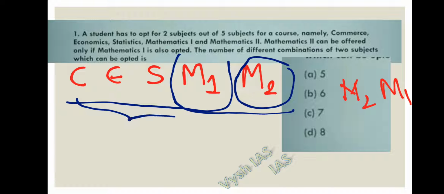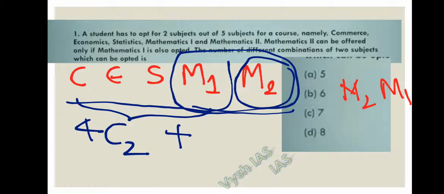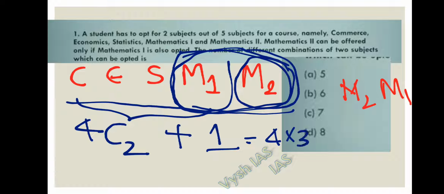So from the first 4 subjects we have to pick 2 subjects, so 4C2, plus one combination, that is M1 and M2. There is only one combination possible with the fifth subject, that is M1 and M2. So 4C2 plus 1 is the total number of combinations of opting the 2 subjects. 4C2 is nothing but 4 into 3 by 1 into 2, plus 1. 2 2s are 4, 3 2s are 6, plus 1 is 7.